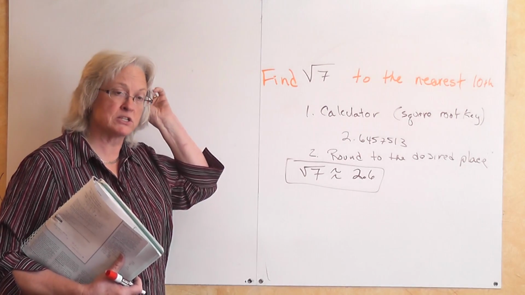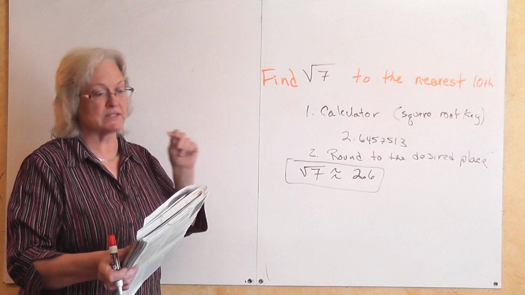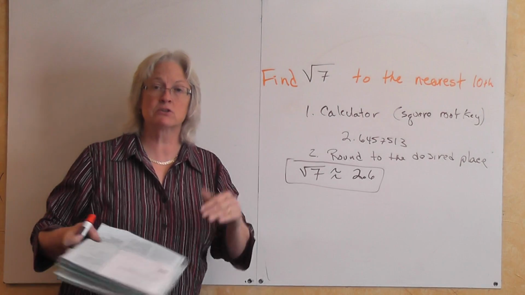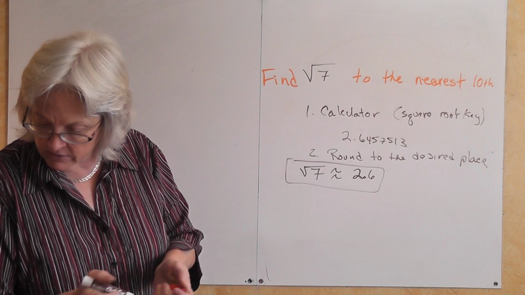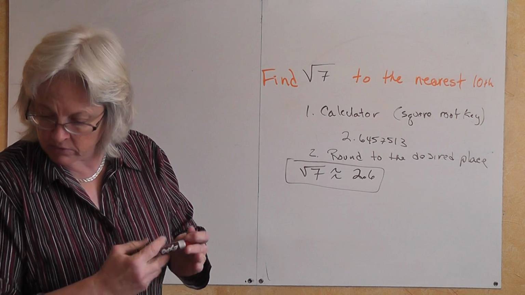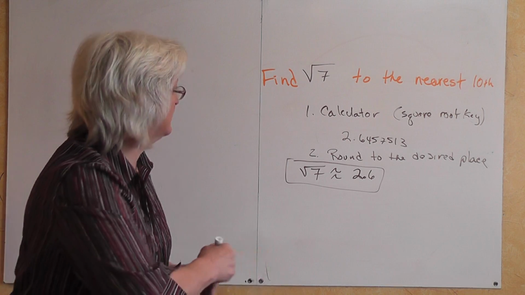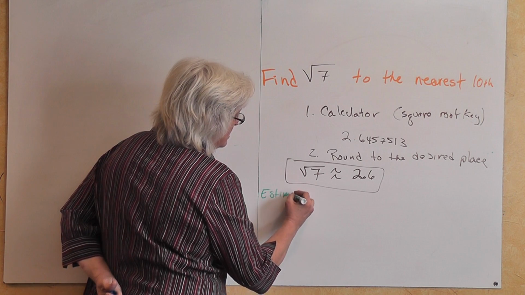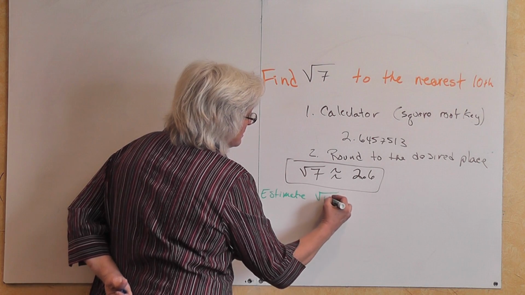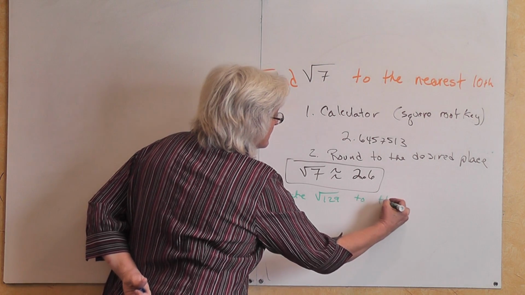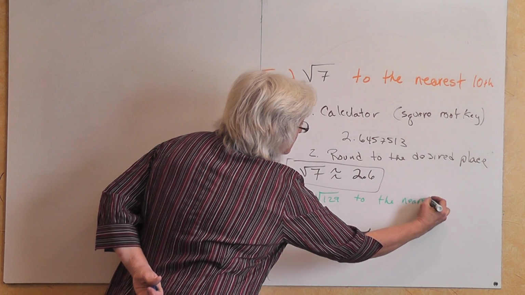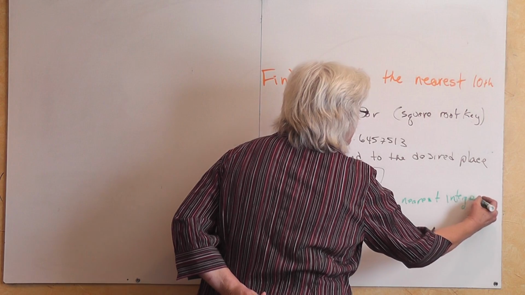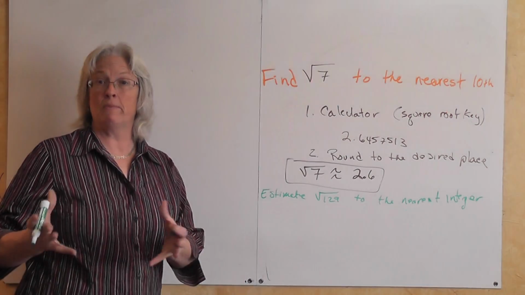And then we already did just a little bit ago the problem where it says estimate the square root of 7 to the nearest integer, but let's go ahead and do a different one. Let's estimate the square root of 129 to the nearest integer. This is when you remember your perfect squares.